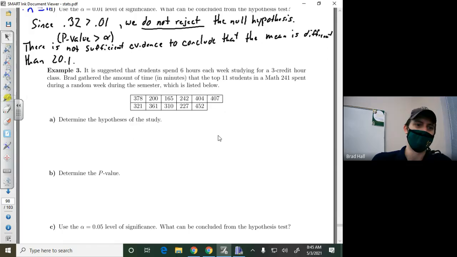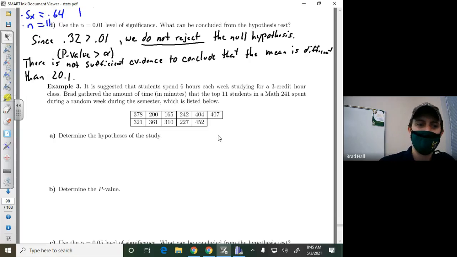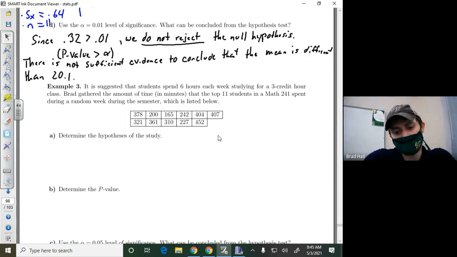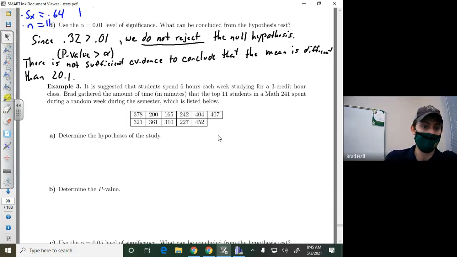Forgot. Very rare. Okay, so all right, last example for the whole class. It is suggested that students spend 6 hours each week studying for a 3-credit-hour class.